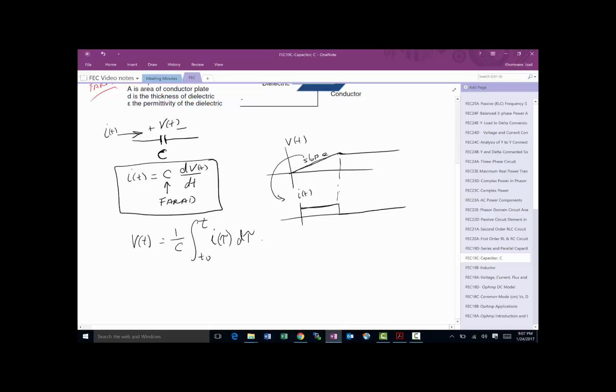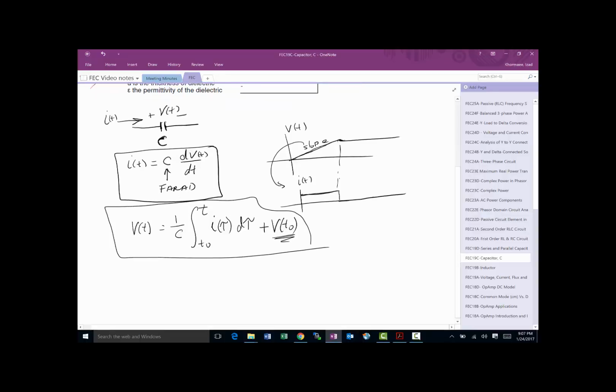In this particular case, we also have to remember that there is an initial condition. So the capacitor could have charge stored in it at the time t0. So when you write this equation and integrate, you have to consider what the initial condition was as well.